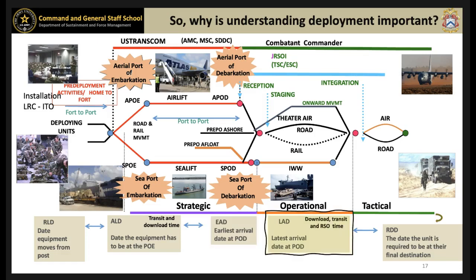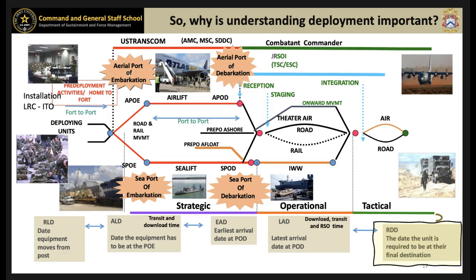The LAD, or the latest arrival date, this is the latest date that personnel and equipment should arrive at the port of debarkation. And then there's the required delivery date, the RDD, the date units must be at their final destination.